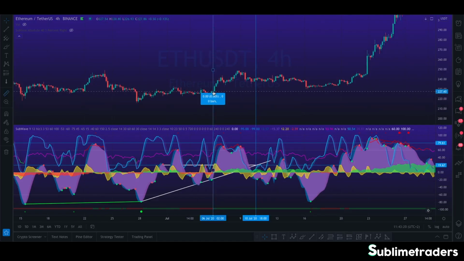So from entry to exit, I have almost 6%. Of course, the trailing is here waiting. The price hit around this level, so we could have also taken profit here, but of course this is just part of your analysis.